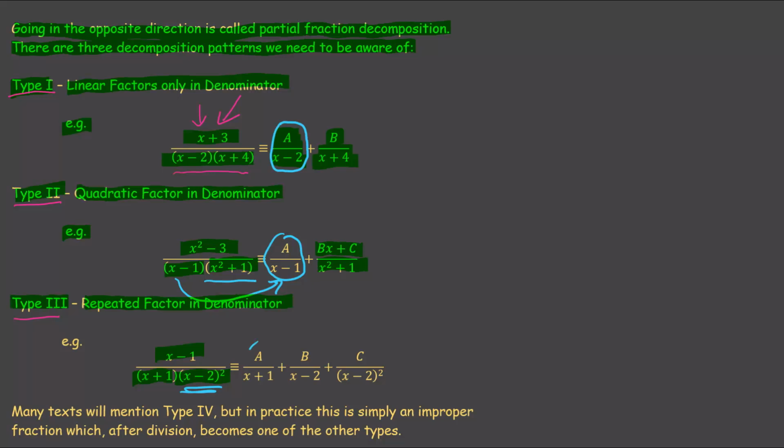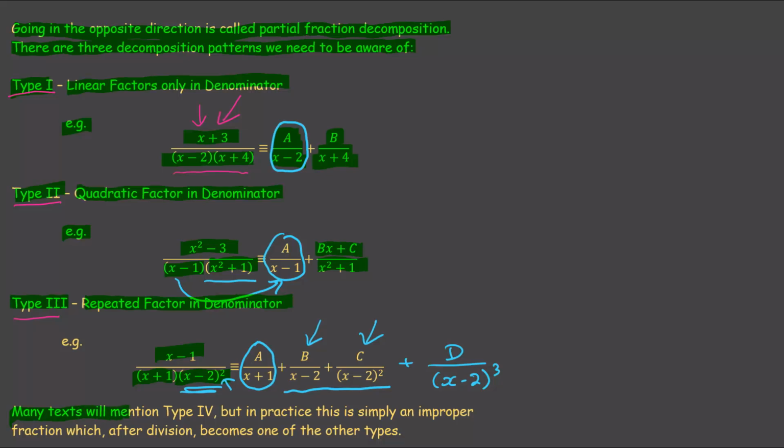Note the linear factor x plus 1 is dealt with in exactly the same way as before. The next two terms deal with the repeated factor. So we get b over x plus 2 and c over x minus 2 squared. And if this was a higher power, like a 3, we'd just have another term on the end like so.